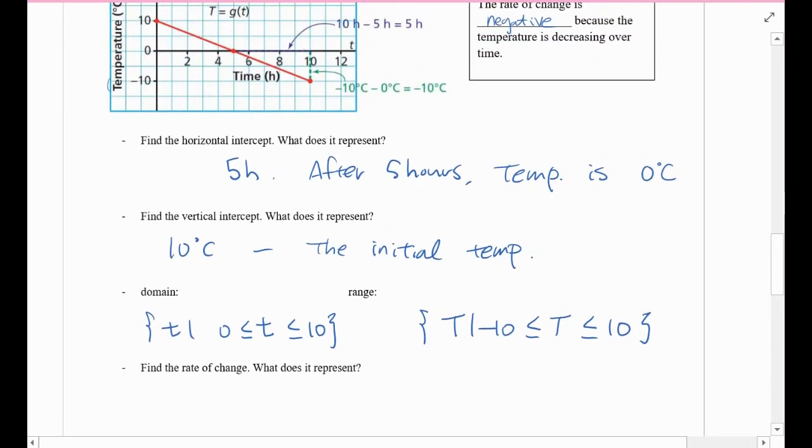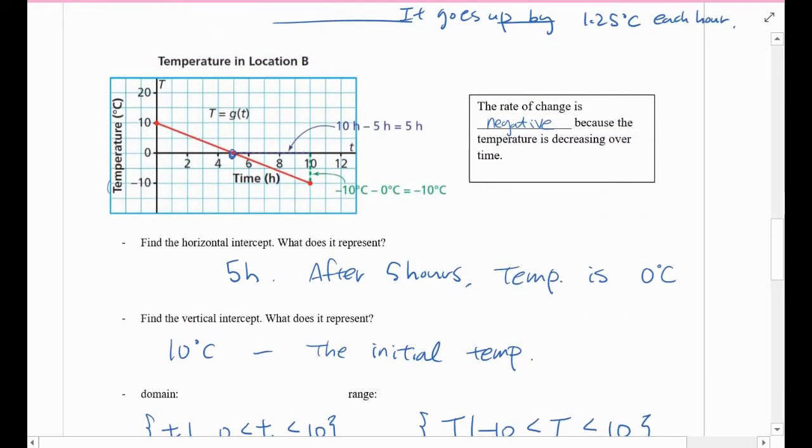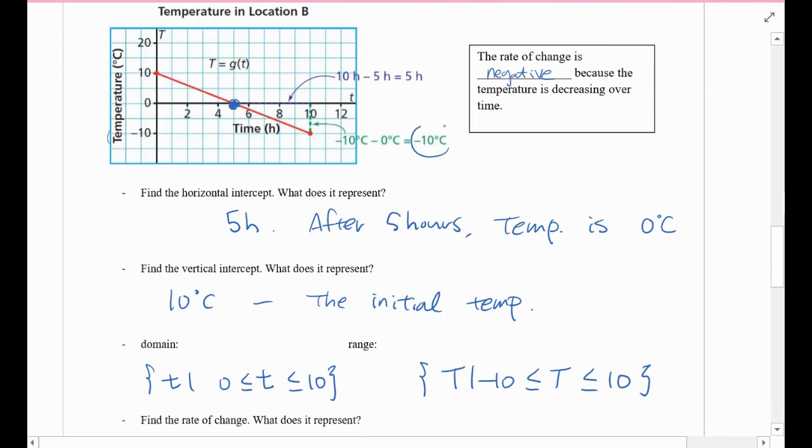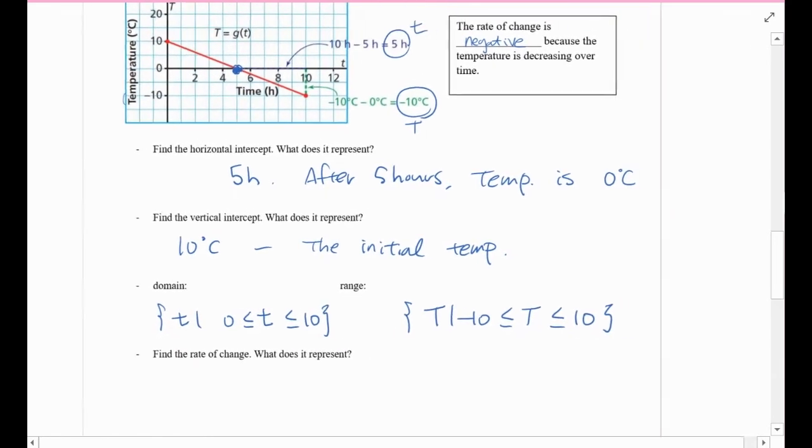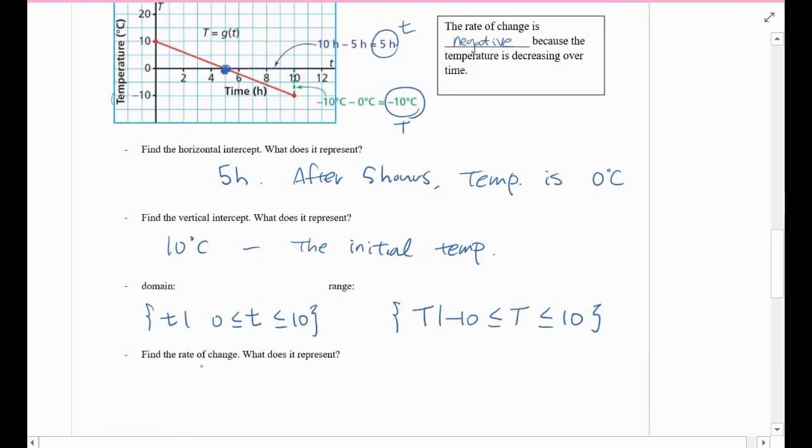Rate of change. So now we're going to use 2 points here. When you move from this point to this point, the time is increasing and the temperature is dropping, right? So change in large T is this, change in small t is this. So we're going to find change in large T over change in small t.